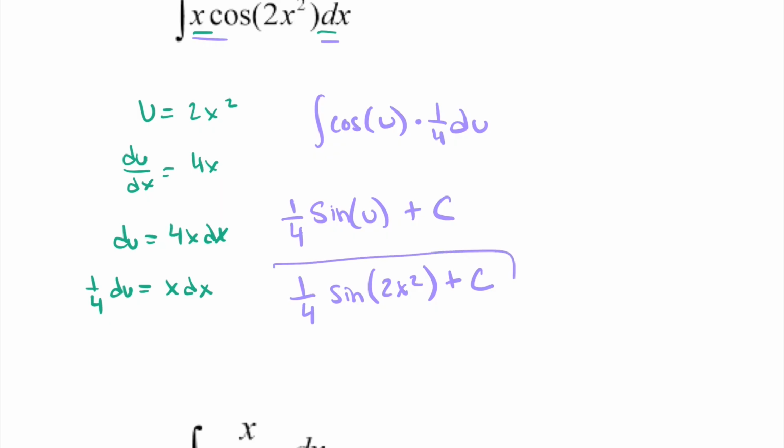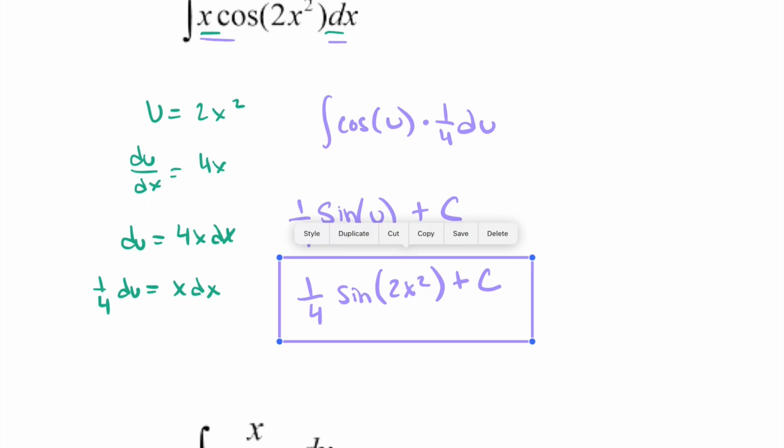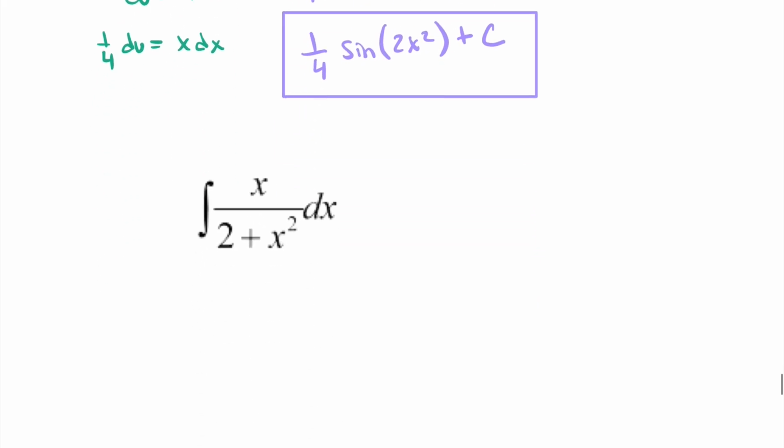If you derived it, sine would become cosine, the 2x squared would stay, you would multiply by 4x as your chain rule, and that's where the 1/4 and 4 go away, and the x would stay. All right.